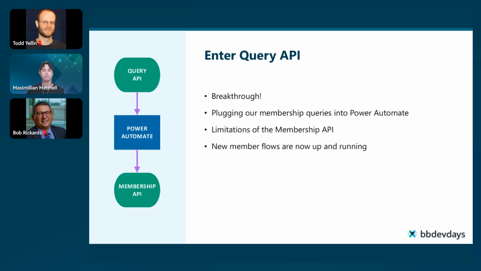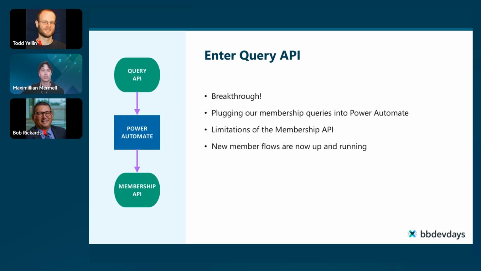And so these new flows use the query API to feed data in and use the membership API to make the actual changes. So right now, because of the limitations of the membership API, all we can do is add new memberships, but I'm sure a lot of us understand how valuable that alone is.